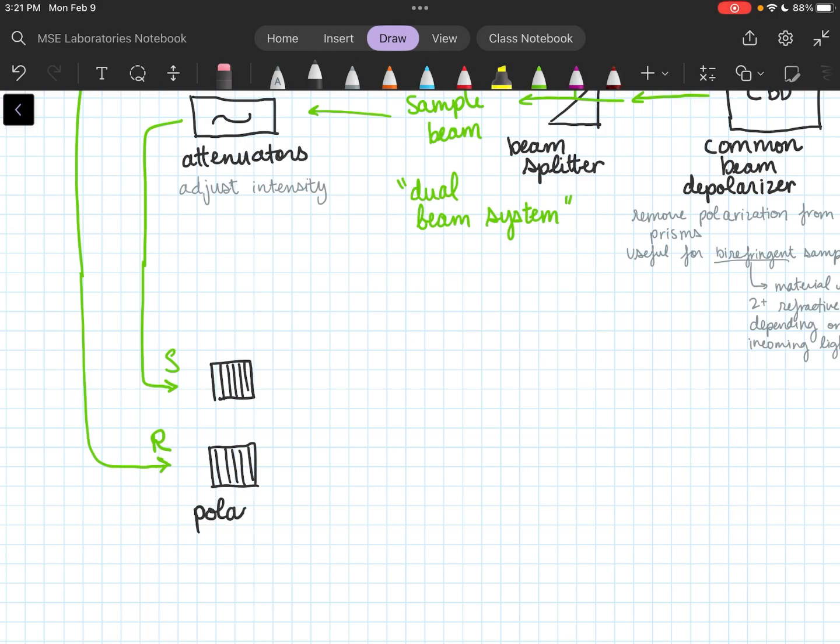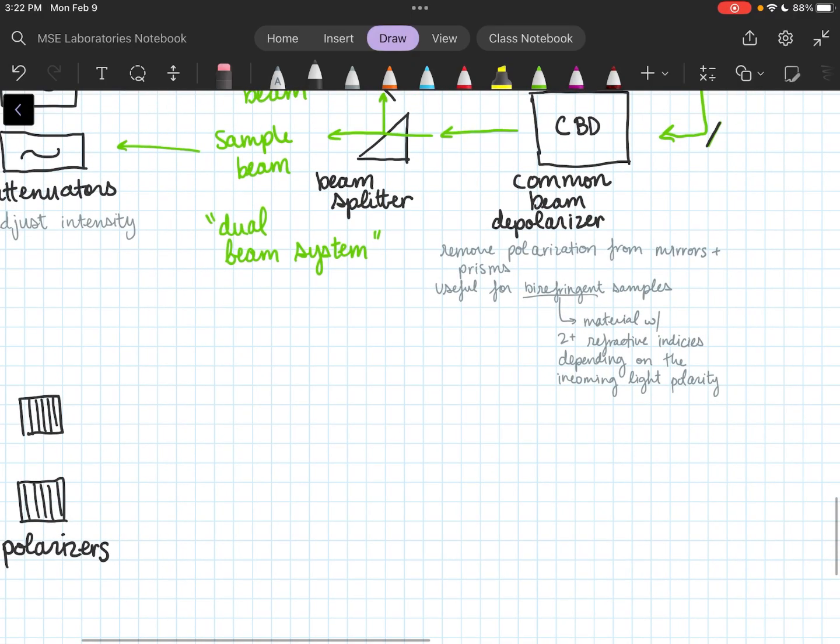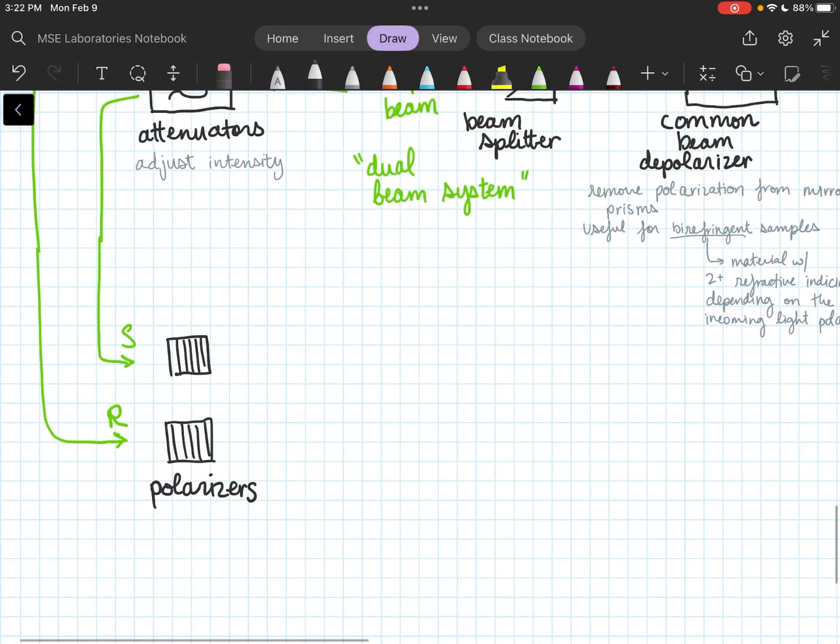We don't have to install these, we don't have to use them. But that allows us to repolarize the light and potentially study how polarity affects our sample. So if I didn't know if my sample was birefringent or not, this would be a great way to study that a little bit better.